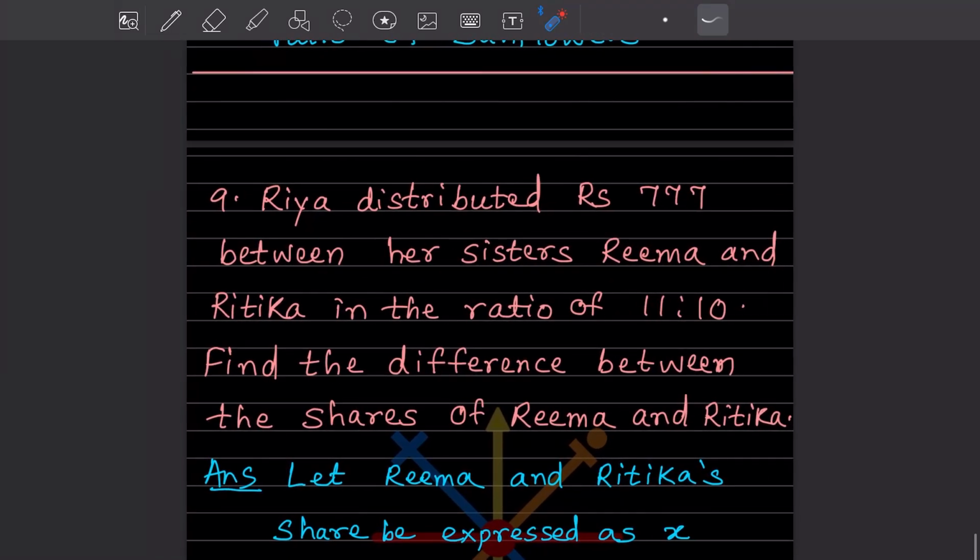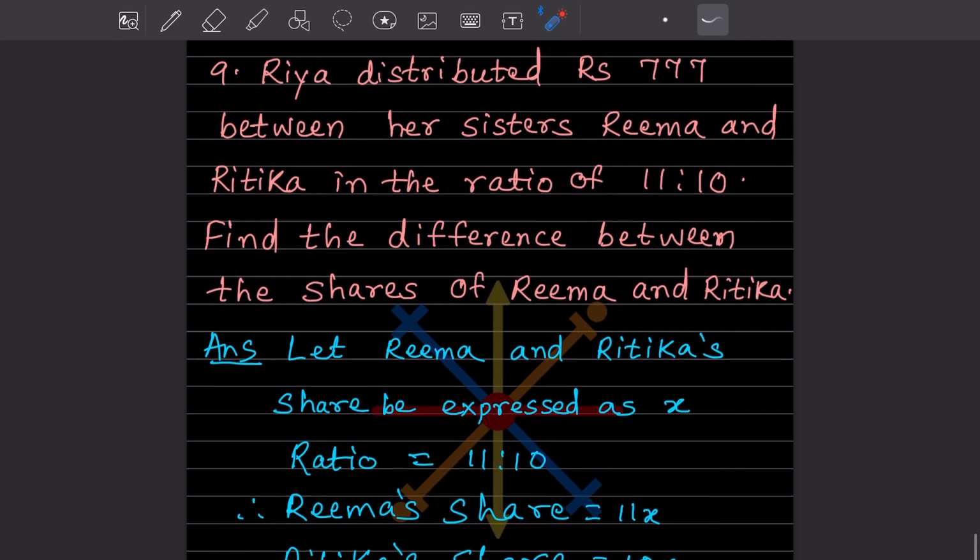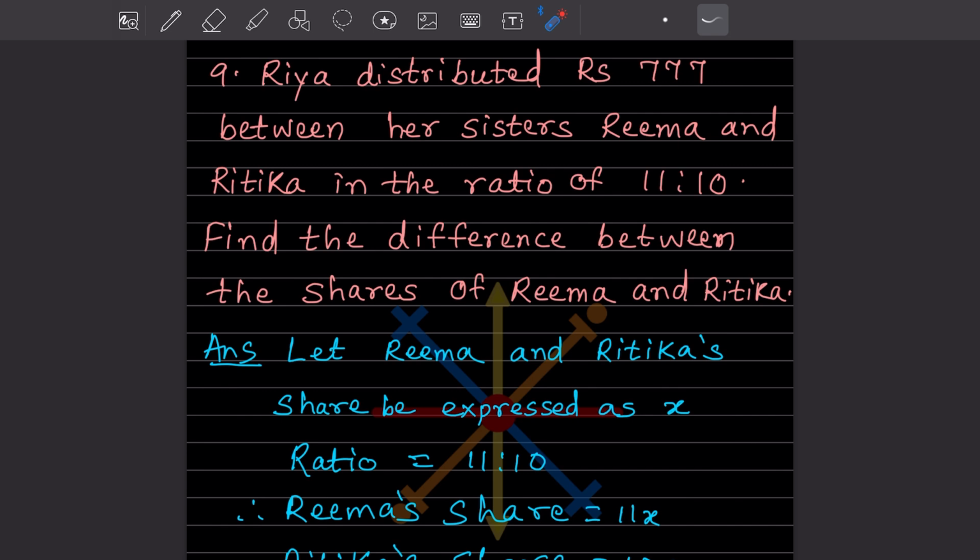It says that Riya distributed rupees 777 between her sisters Reema and Ritika, and the ratio is 11 is to 10. Find the difference between the shares of Reema and Ritika. So now here what we can do first, let us write, let Reema and Ritika's share be x.